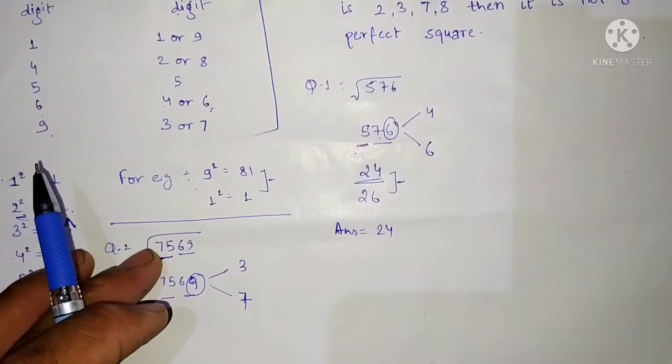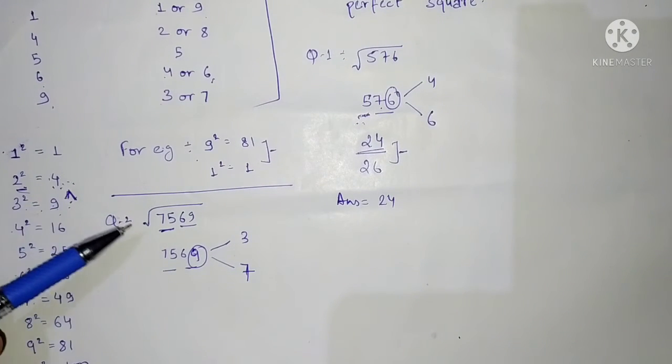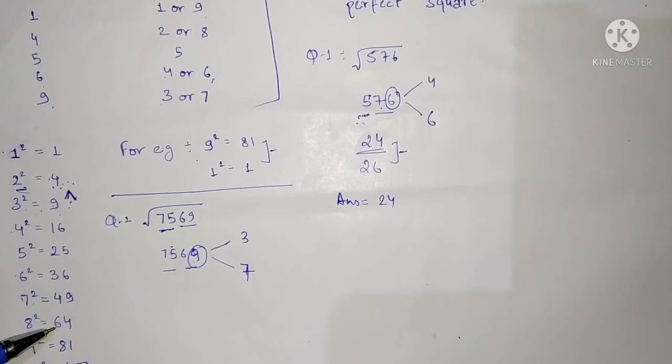So 75 is between 64 and 81. We take the lower one, which is 8, so the answer must be 83 or 87. Now we have to choose one from these two numbers. How will we do it?